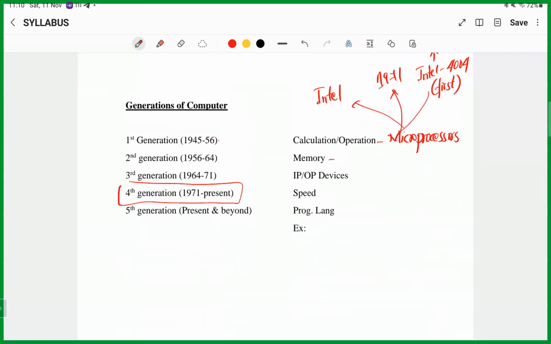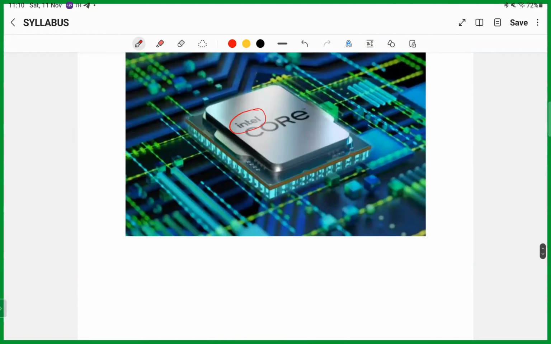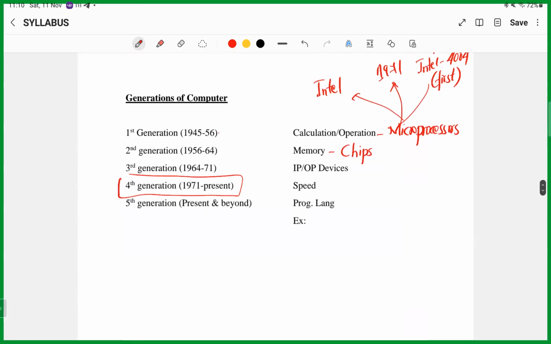What do you call it? We call it chips. Not your lace. Chips is nothing but those memories. Let me just check if I have the picture. Oh, I don't have it. Have you seen chips? Basically all your memory chips, memory cards that we use. Okay, that is the memory that we use.